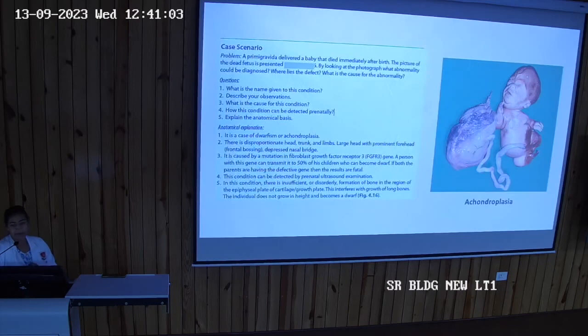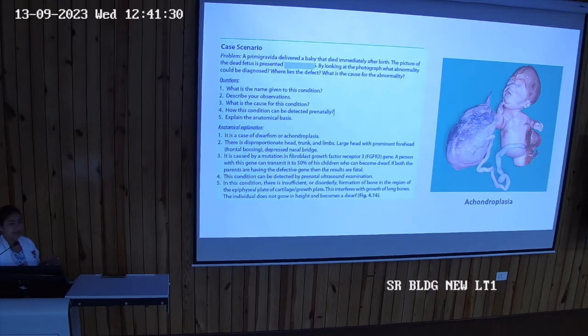Next is a developmental anomaly. So here we can see a newborn, and this picture is of achondroplasia. That means lesser development of chondro, that is cartilage. Very little cartilage is developed, so very little bone formation will occur. This is achondroplasia, which occurs because of a mutation in the fibroblast growth factor receptor 3.